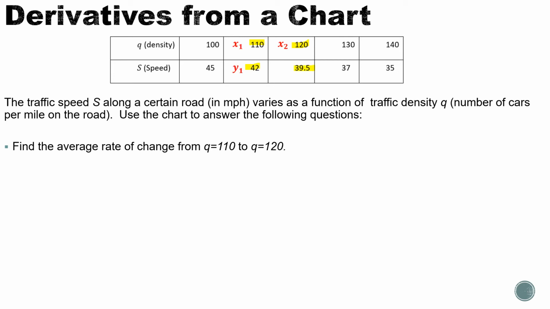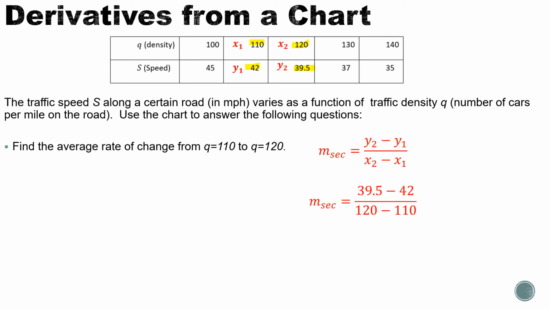So our x1 is 110, x2 is 120, y1 is 42, and y2 is 39.5. Again, I'm using my old school formula just to make my life a little bit easier. So I have y2 minus y1 over x2 minus x1. I'm plugging in those values, so I get 39.5 minus 42 over 120 minus 110.